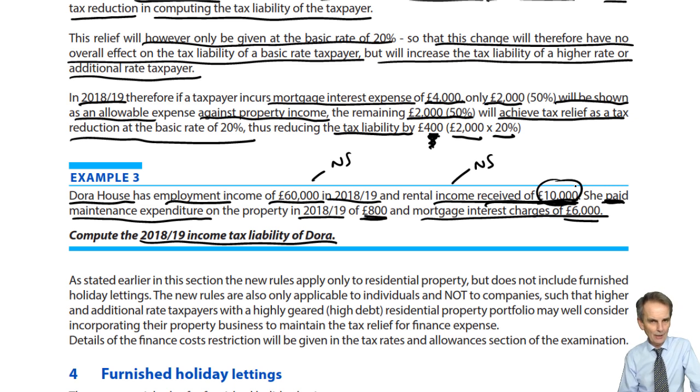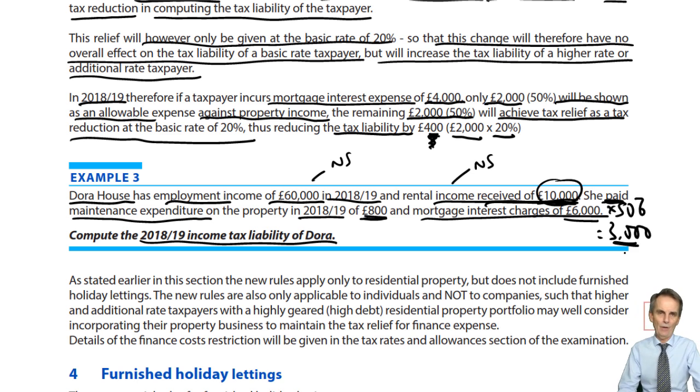But in the 2018-19 tax year, only 50% of that £6,000, i.e. £3,000, will be allowed as a finance expense against the income received. So instead of deducting from this £10,000 the full £6,000, which the original system would have done, in 2018-19, only £3,000 will therefore be deducted.